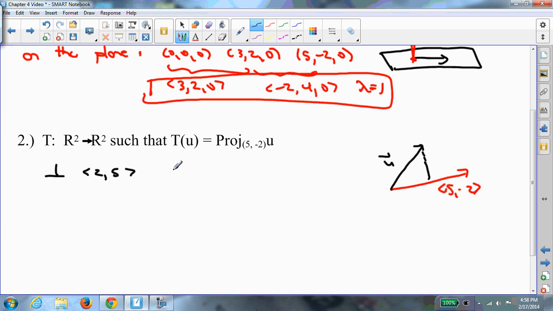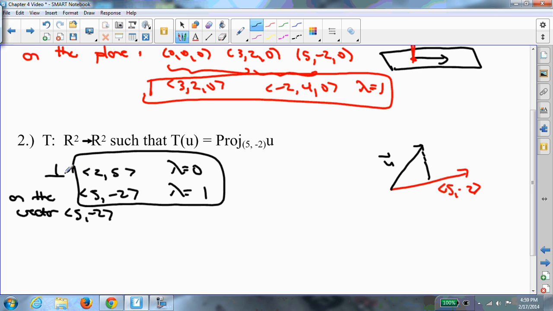So its lambda is going to equal 0. And then anything on the vector 5, negative 2 will project onto itself. So its lambda is going to equal 1. So this is on the vector itself. And so those would be my eigenvalues and eigenvectors.